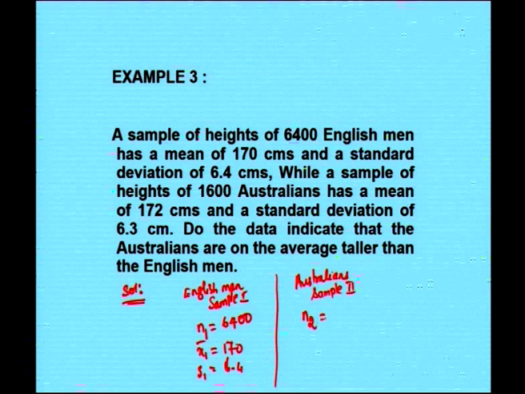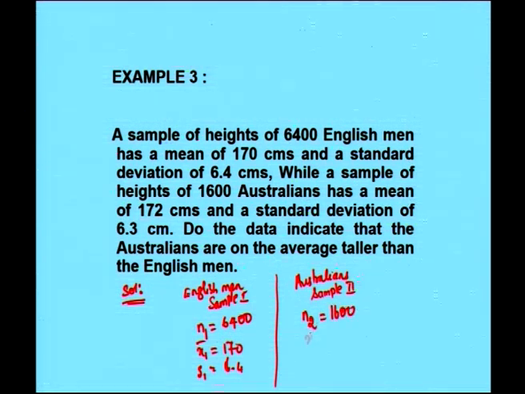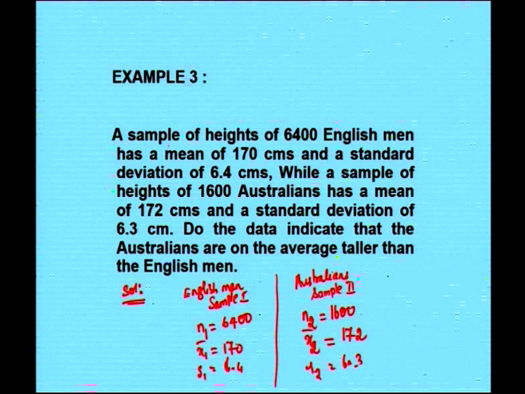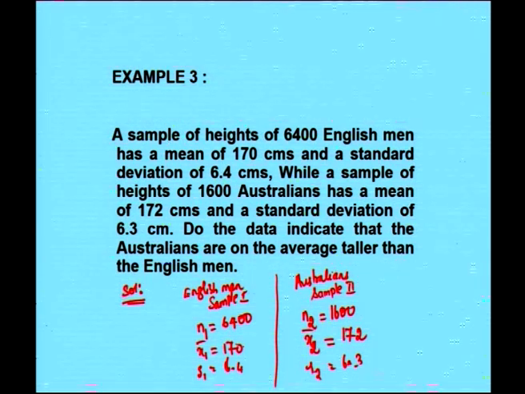Therefore, N2 is equal to 1600, x2 bar is equal to the mean 172 and S2 is equal to 6.3. So, the whole paragraph is now converted mathematically as N1 is equal to 6400, x1 bar 170, S1 6.4, N2 1600, x2 bar 172 and S2 is 6.3.